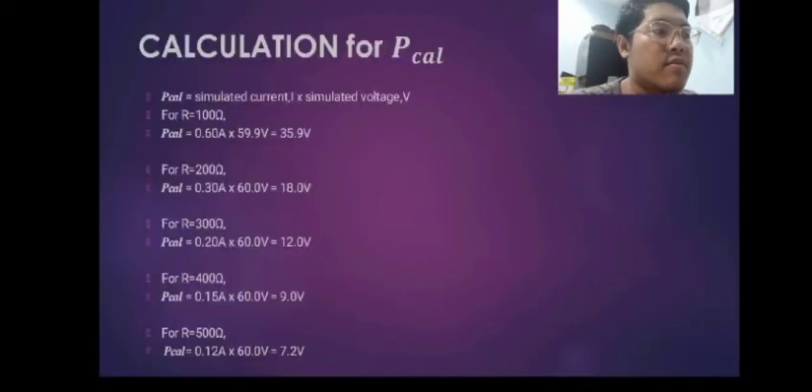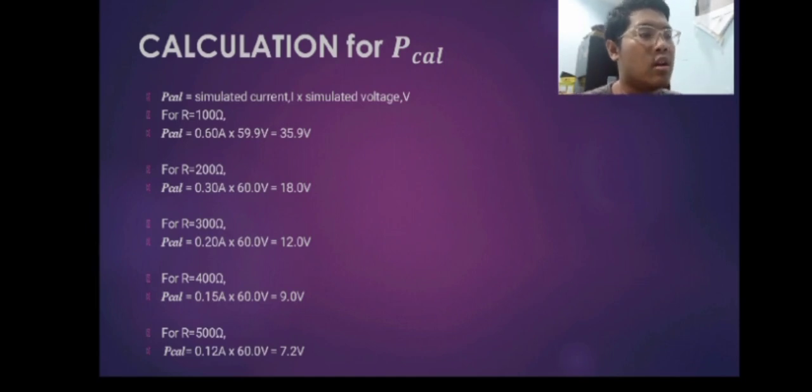Okay, this is the calculation for P calculated. When we want to find P calculated, the formula is the simulated current I times the simulated voltage V. For R equal to 100 ohm, P calculated is 35.9 watt.